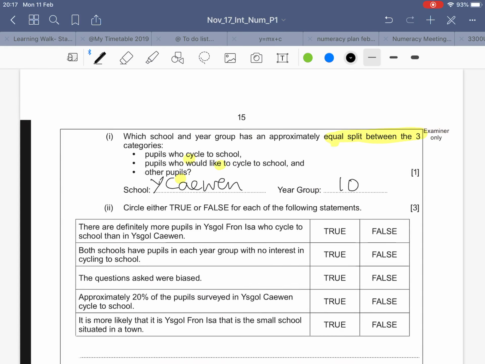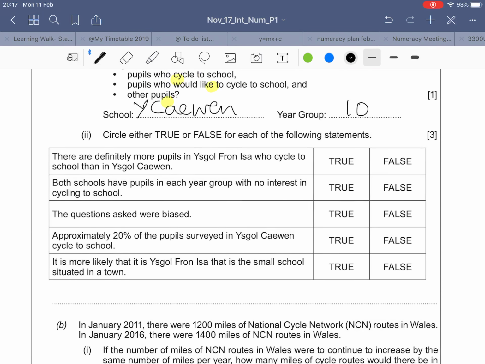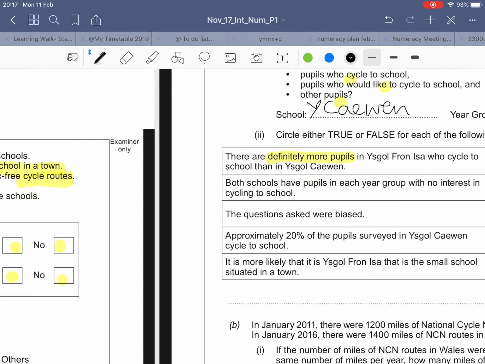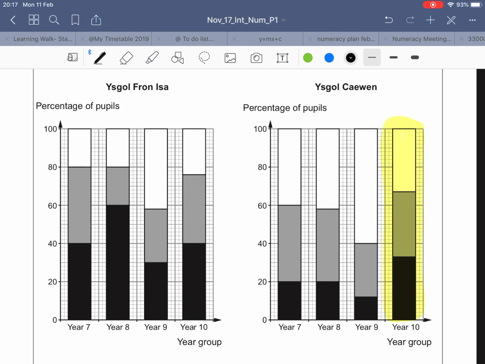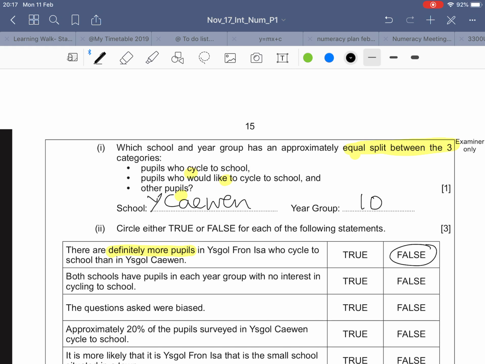So I can't actually tell you if there is definitely more pupils in one school or the other, because I can't tell you what the totals are. So that one's false. Both schools have pupils in each year group who have no interest in cycling. Yeah, I'd agree. Each one of these bars has a portion of people who are not interested in cycling. So that one's going to be true.